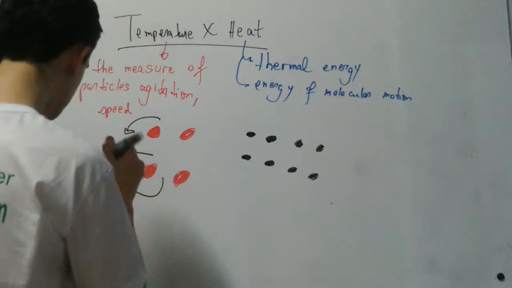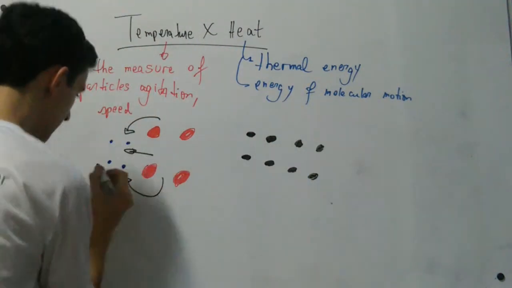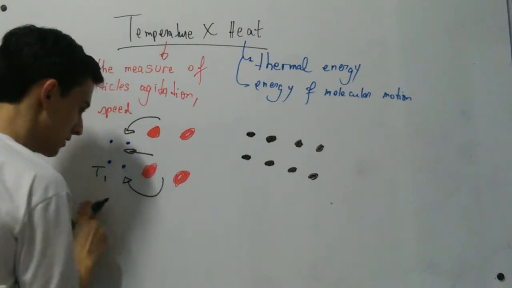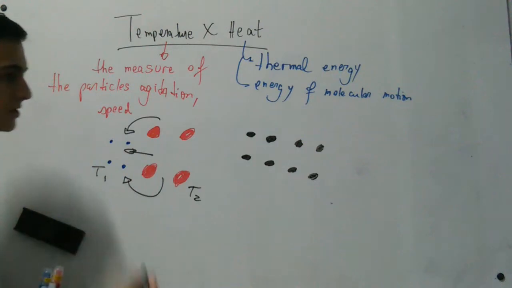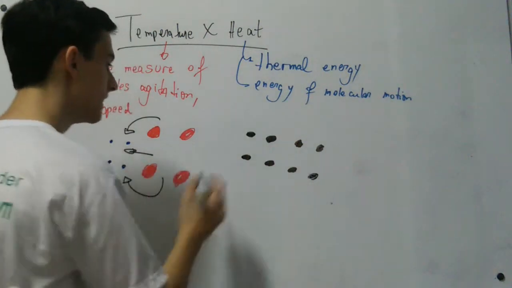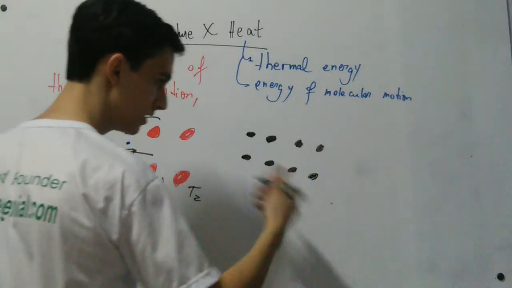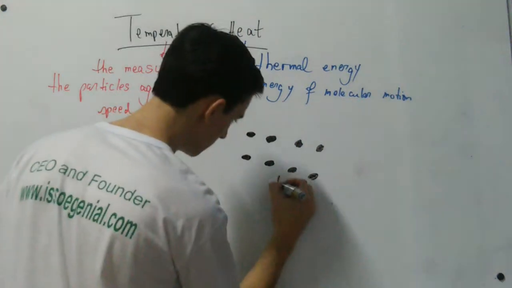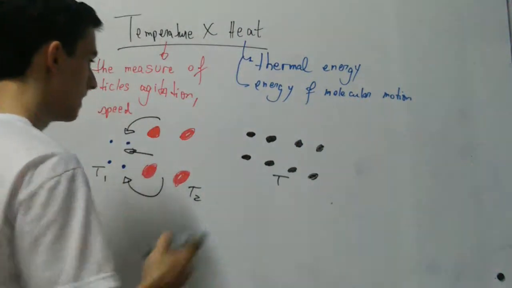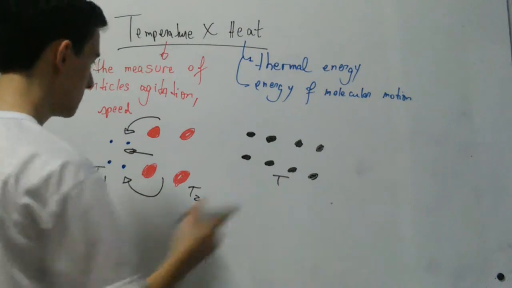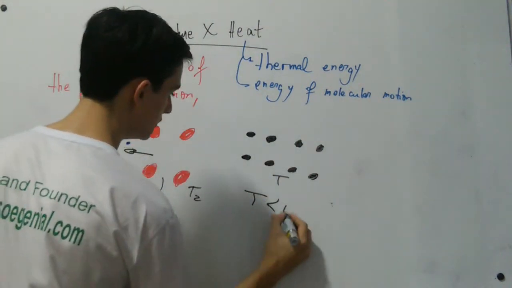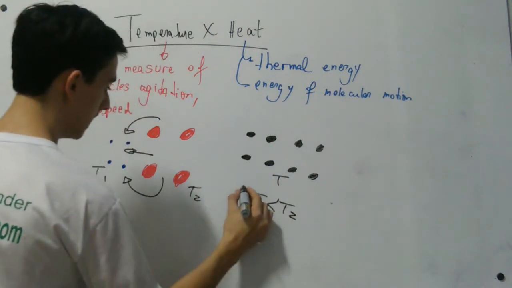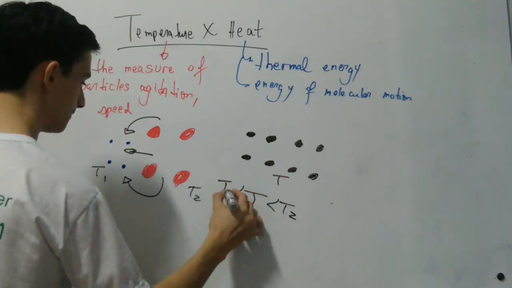Imagine I have here a temperature T1 of the first object initially, a temperature T2 for the second object, and then after they reach the same temperature, they're going to have a temperature T. Both objects are going to have the same temperature T. And we can say that T is less than T2, but greater than T1.